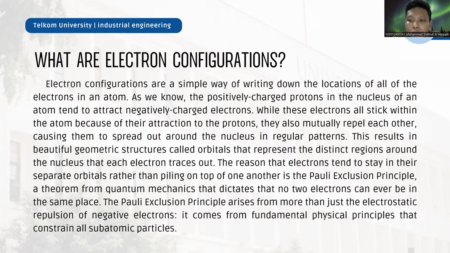They also mutually repel each other, causing them to spread out around the nucleus in regular patterns. This results in beautiful geometric structures called orbitals that represent the distinct region around the nucleus that each electron traces out.